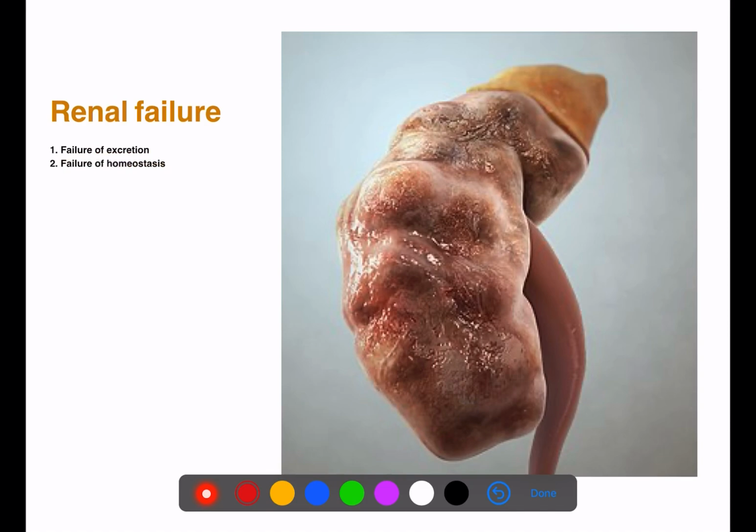Sometimes glomerular damage combines with tubular damage, so failure of both types commonly occurs. Failure of homeostasis is a failure in the maintenance of hydration.